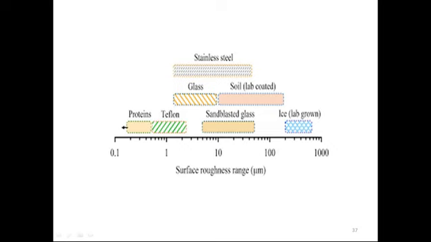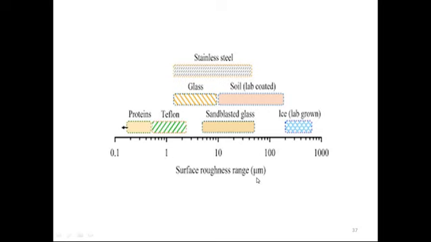If you measure these surfaces, every surface has some kind of range of Ra value. So what kind of surface average roughness value each surface has, we are going to see here. Here, if you observe, this is one kind of graph.